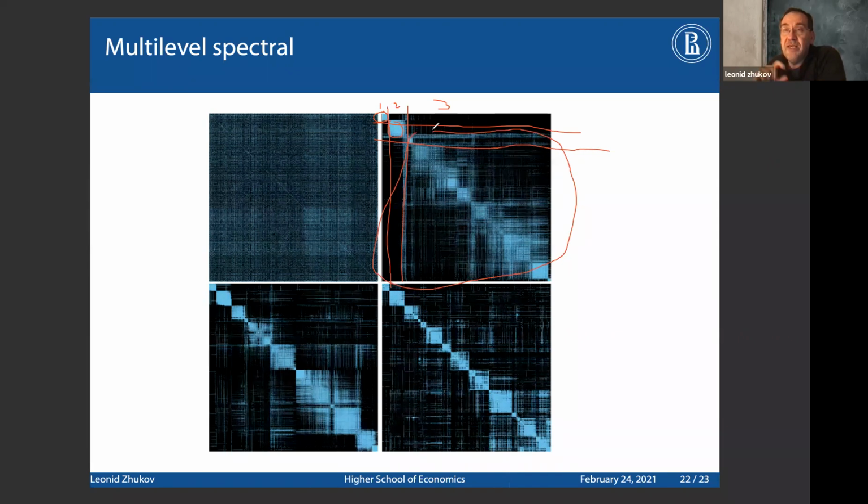But what's interesting is if I continue working on this the same way, as I described for the multi-level partitioning scheme, and keep splitting, then after a while I get to this picture. What happens here is these guys are not changed, but you start getting even more details.